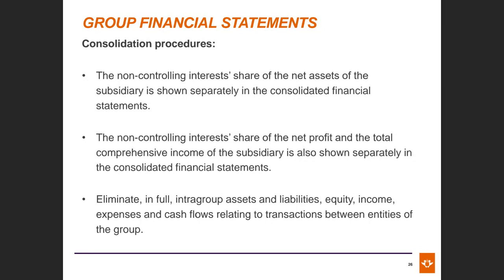Now that we have identified the NCI, we also need to ask ourselves, are there any intra-group assets or liabilities? This is something like Pops has made a loan to Sunny. If Pops Pty Limited made a loan of 100,000 Rand to Sunny Limited, in Pop's books he will show the loan as an asset because Sunny owes him the money.